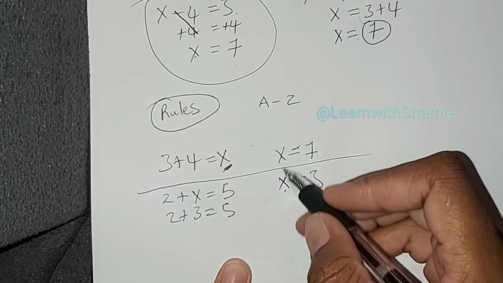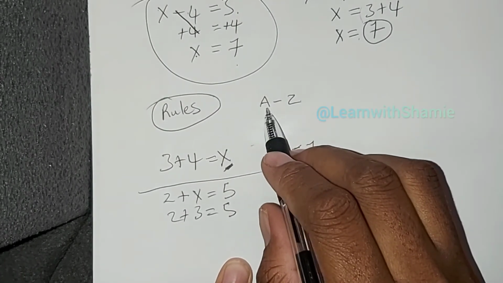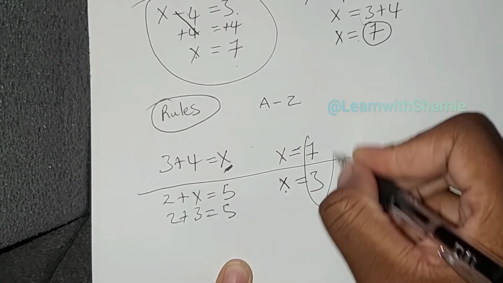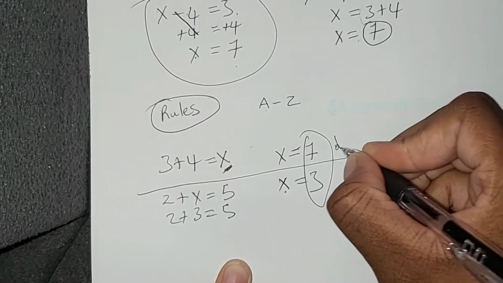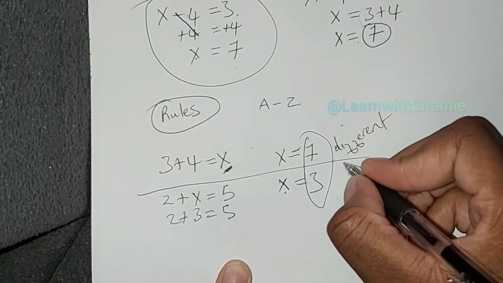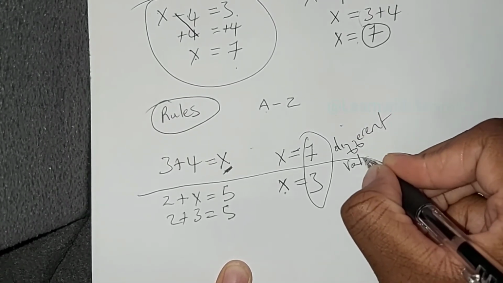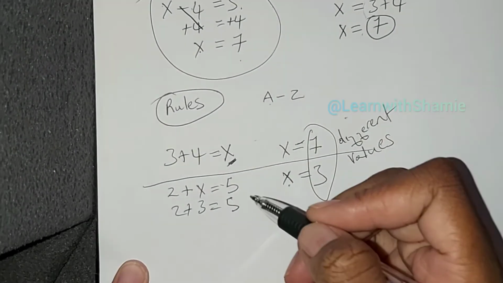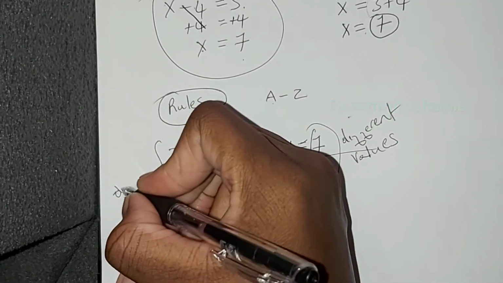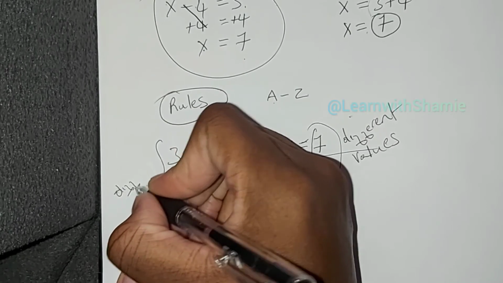So x or any other letter from the alphabet A to Z can stand for different values in different equations.